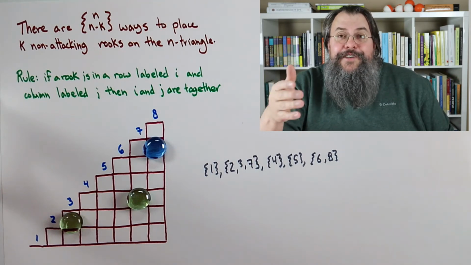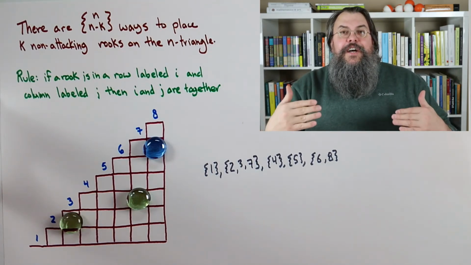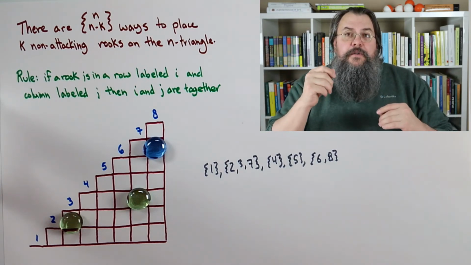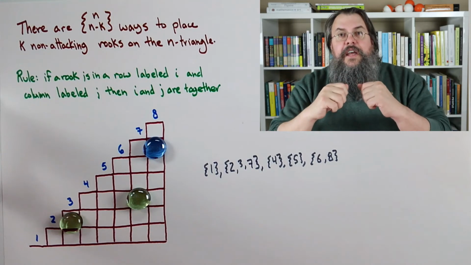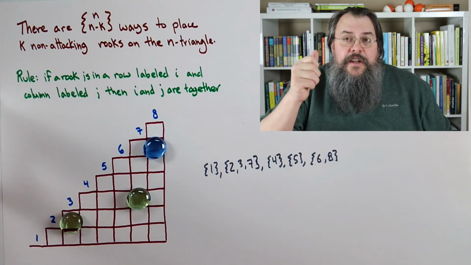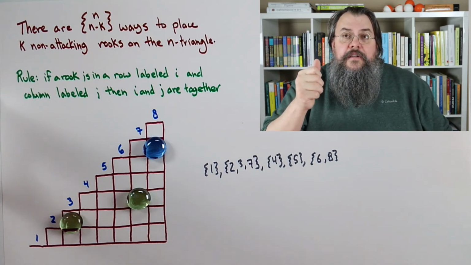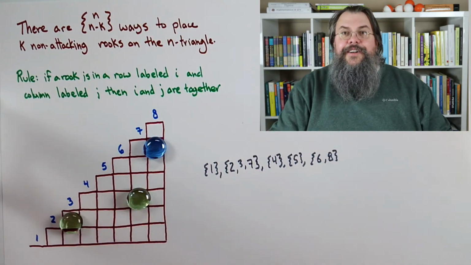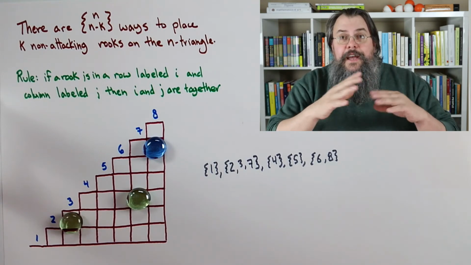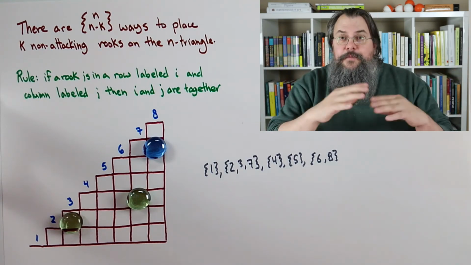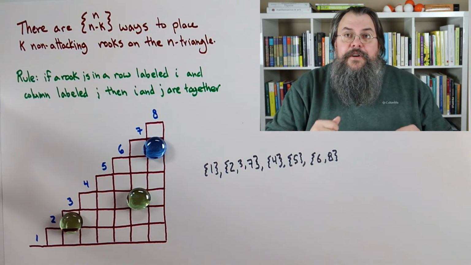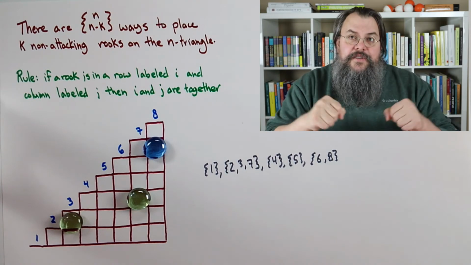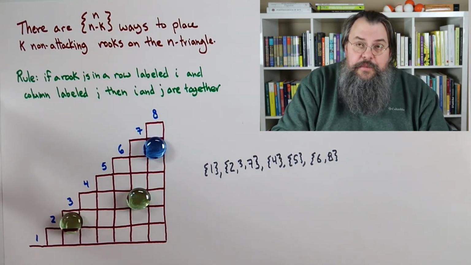The answer is 999, because every time you do something, you're putting 2 things together. So every time you put a rook down, I'm putting 2 things together, which means I'm taking the number of sets down by 1. If there are no rooks, then everything exits out, which means if we have this n board, we'll have n sets. Every time I put a rook down, it's really putting 2 sets together. That's what's happening here, you're seeing this action come into play.